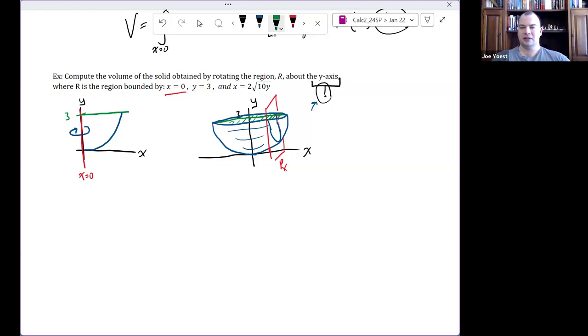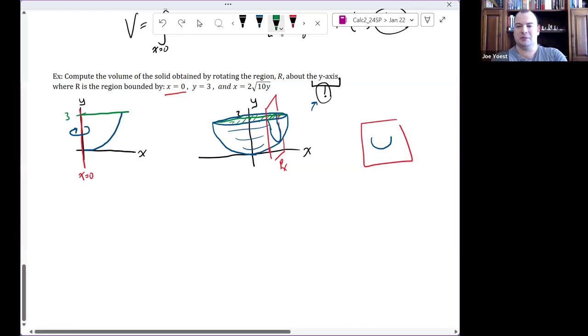Could I figure out what this area is in terms of x? Yeah, maybe I could. We figured out areas like this in 6.1, but it's not nearly as clean as if I shift my perspective and go with P_y, a plane perpendicular to y.